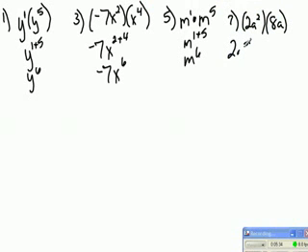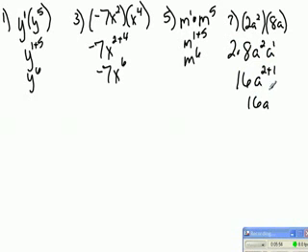So I'm going to put my numbers in the front, and then I'll always put my variables in alphabetical order. In this case, I only have one variable, so I don't have to worry about that. I am going to put the 1 when there isn't a variable there. And if they're just numbers, I can just multiply those. 2 times 8, 16. And then a to the 2 plus 1, because they have the same base, you just add the exponents. 16a to the 3rd.